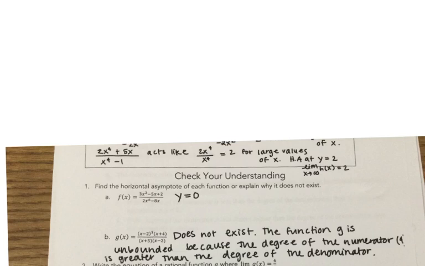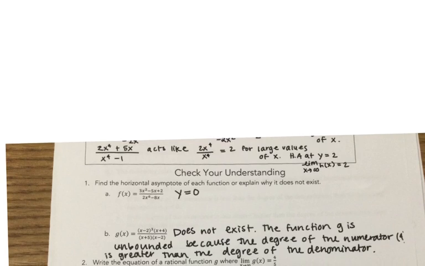2. Can you write an equation of a rational function g where the limit as x approaches infinity of g of x is 4/5? Y equals 4x plus 5 over 5x plus something.